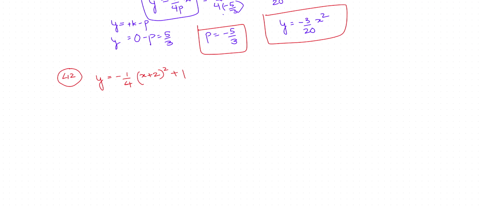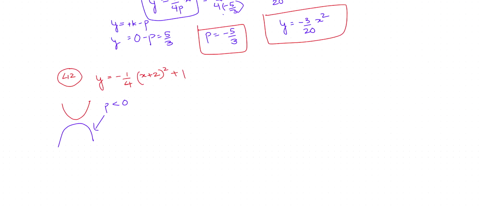So our parabola would be like this or like this. Because our p is negative here, p is less than 0, our parabola would be like this.